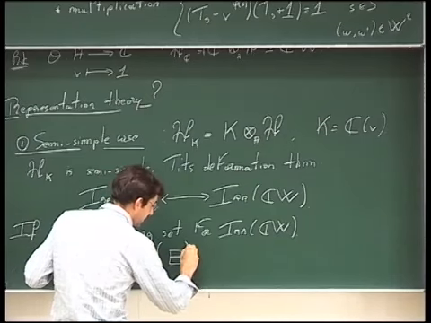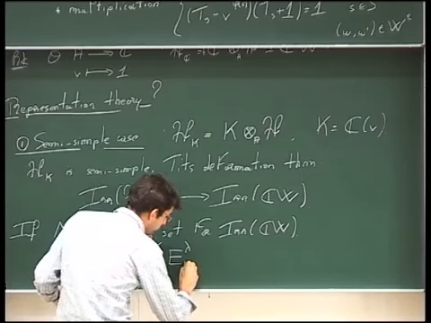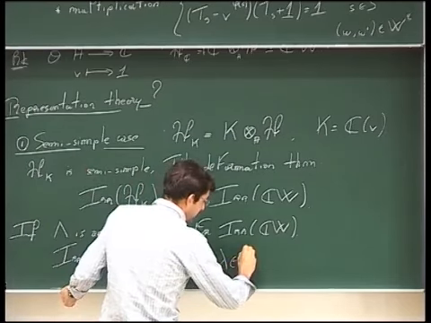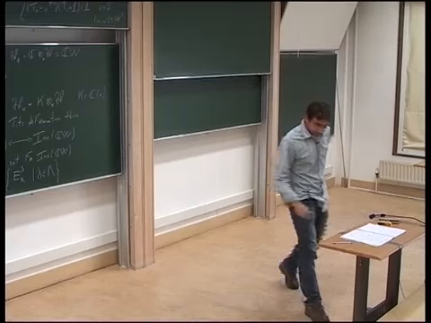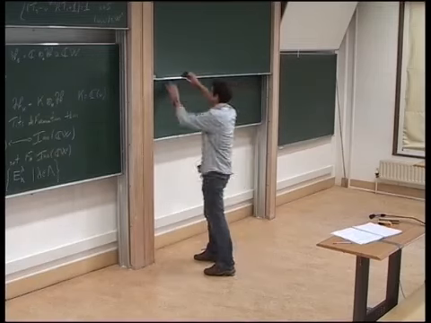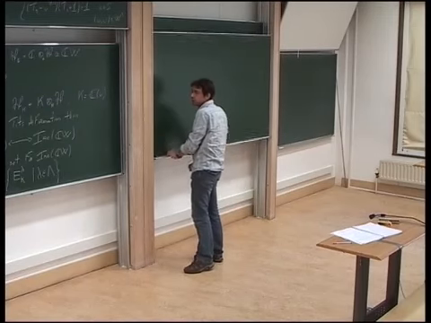So I will put E_lambda, and I will keep here the record of K, with lambda in Lambda. Okay. So in this situation, the representation theory is well known.